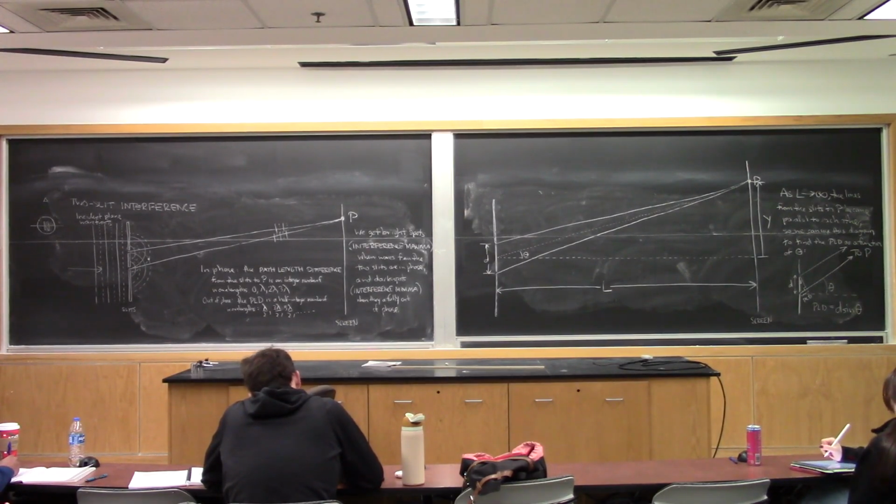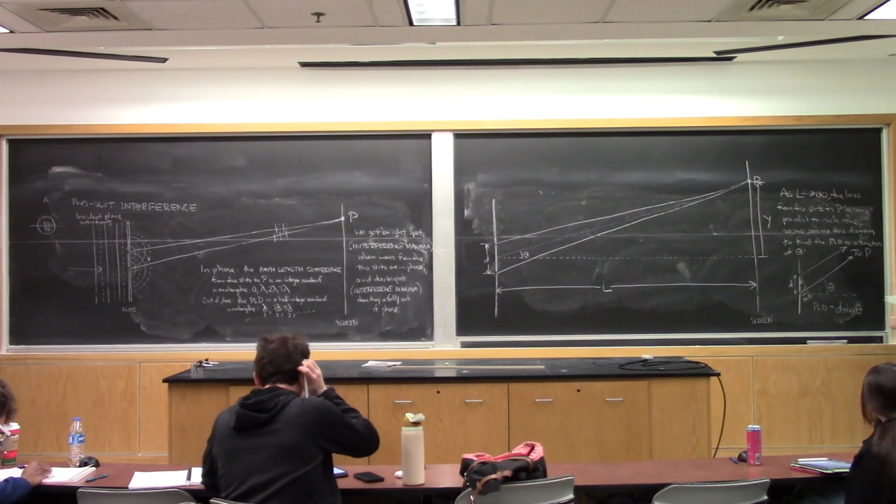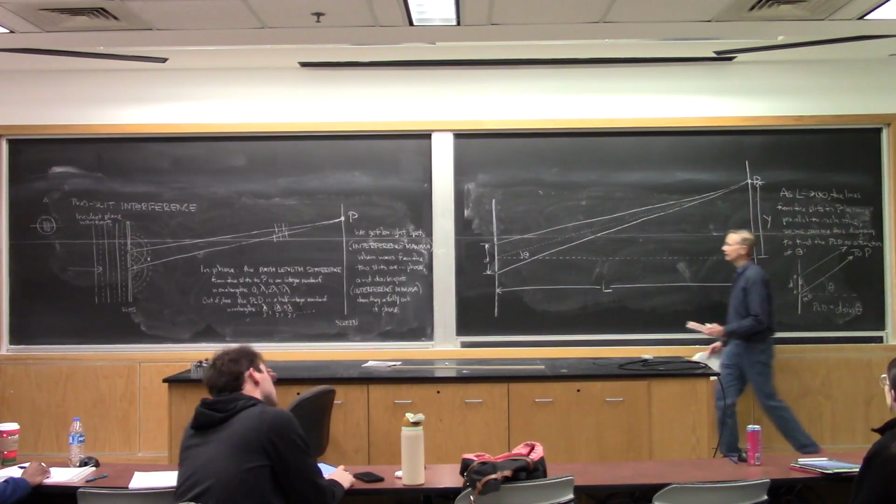And if that is an integer times lambda, you get a bright spot. Those are the thetas where you get bright spots, where d sine theta is an integer times lambda. Ta-da!